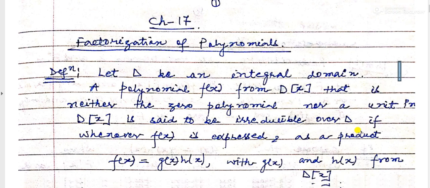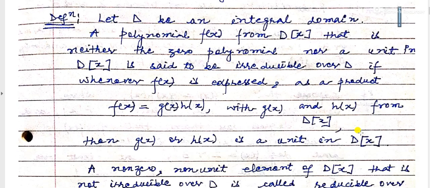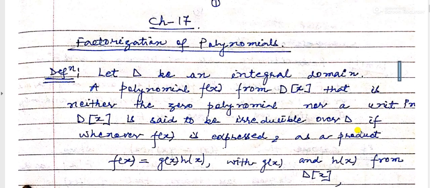We have to understand that first of all we are considering a polynomial over an integral domain, that is neither the zero polynomial nor a unit in D[x]. Unit means invertible element of D[x]. So we are not considering those. We are taking only non-zero non-unit polynomials.